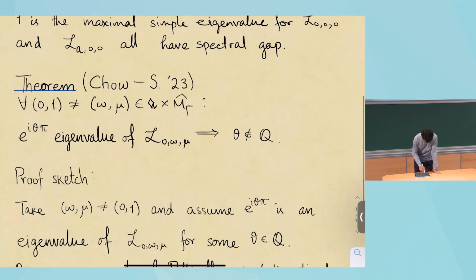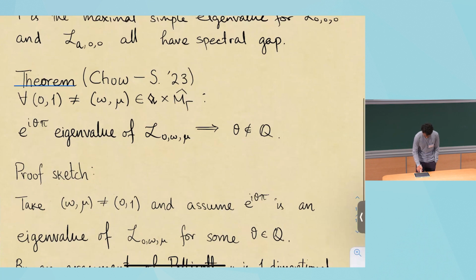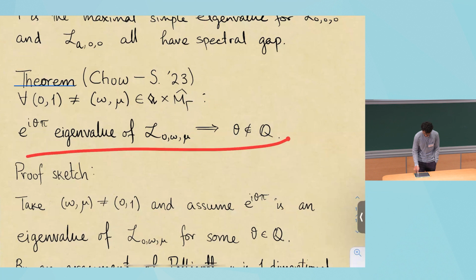And the key result in the proof of local mixing is that if you take W and mu non-trivial, then we have the following statement.